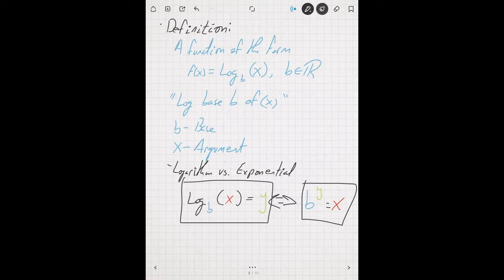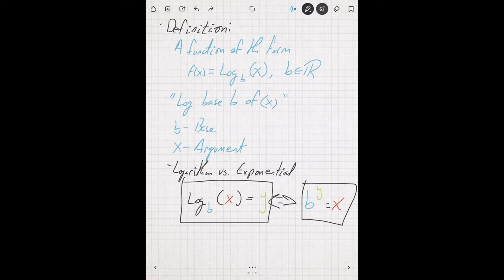This is how the two functions are related. I know it seems kind of odd right now, but logarithms were invented a long time ago to determine what exponentials were. What I mean by that is, let's say you knew some number b raised to some power would get you x. The question was, how do we find that exponent?